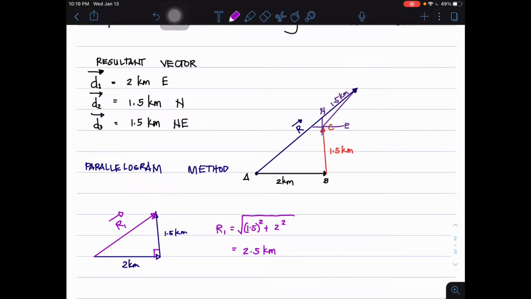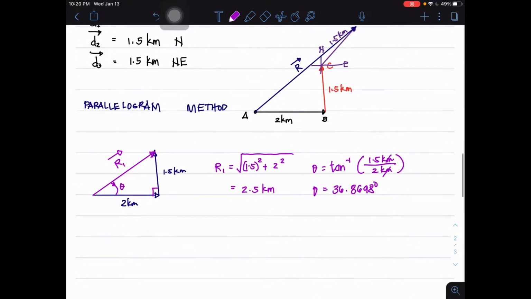Now, to get the direction, you can use inverse tangent. The opposite side is 1.5 kilometers over 2 kilometers, so kilometers will just cancel out. Arctan of 1.5 over 2 gives us 36.8698 degrees. So that's your magnitude and direction for R1.